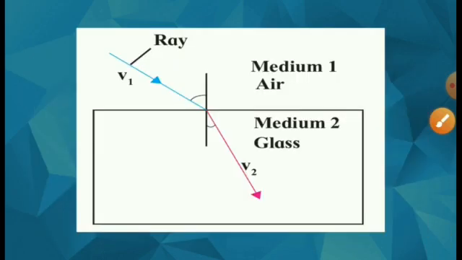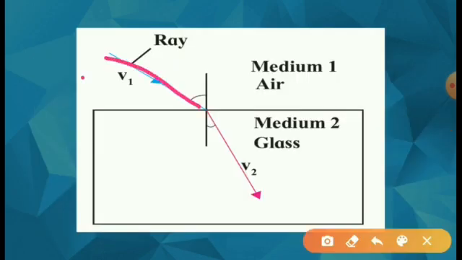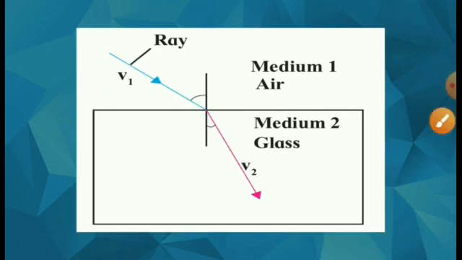You can see here the light rays passing. Here they have taken velocity v1. This is medium 2. They have taken the light which is being refracted through this point, that is v2.